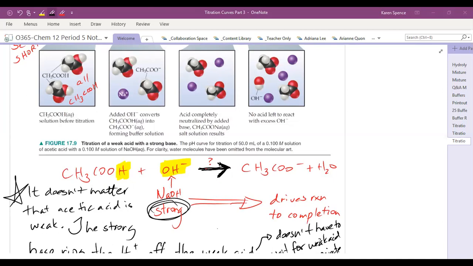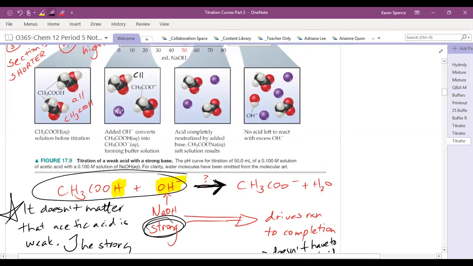Halfway through the titration, we will have reacted half of our reactants. So we will still have some CH3COOH left. We have half of our CH3COOH. Half of it has been reacted. We also have an H2O, another H2O, which is not shown here. The NaOH, the OH, and one of the H's has formed H2O, and now half of it has been turned into acetate.